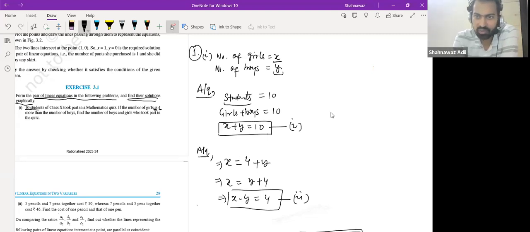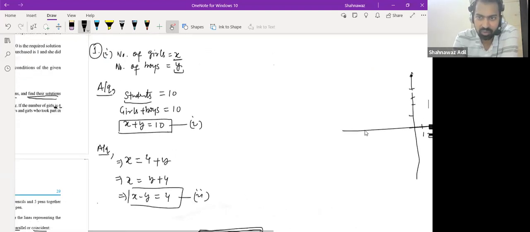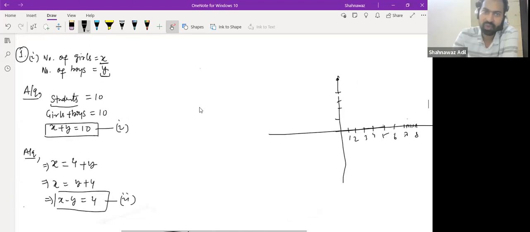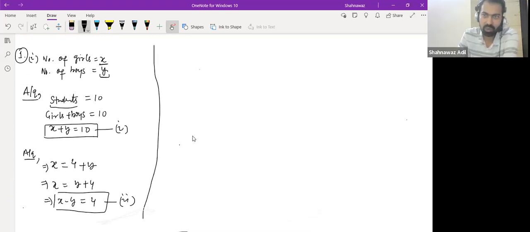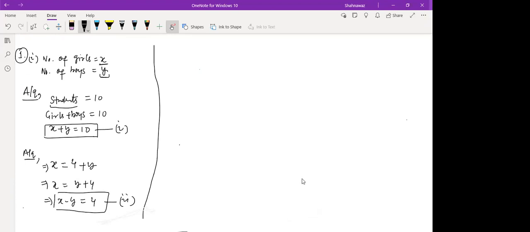To do that, we will plot the graph. First let us draw the graph of this one. How many points do we require to draw the graph? We require 2 points.